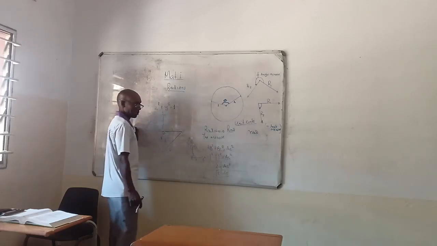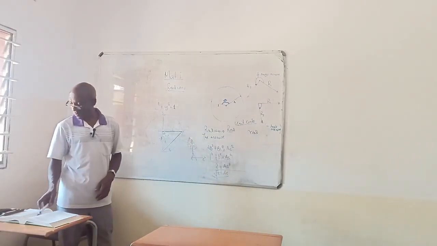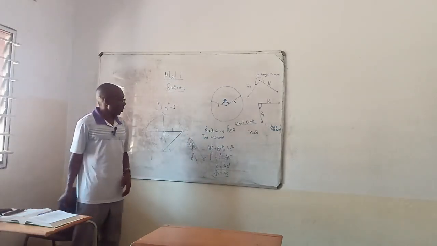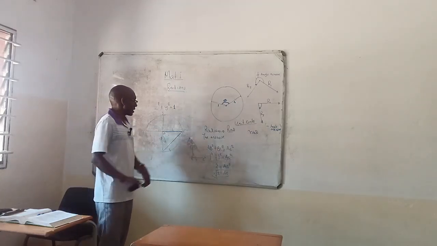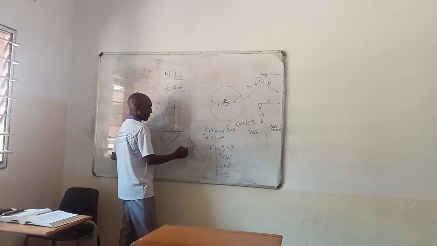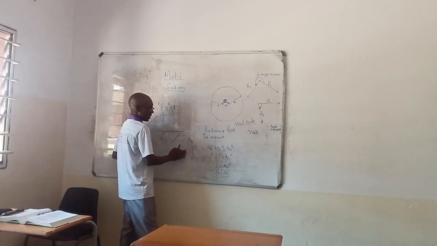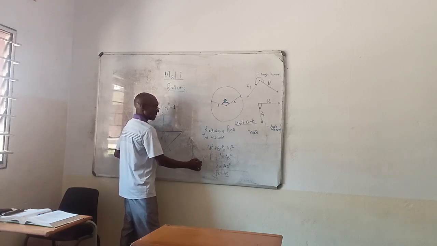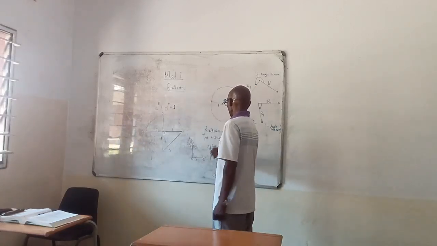That is a standard position of the angle. In other words, what we are doing there is the same as this. AB is our x. BC is our y.